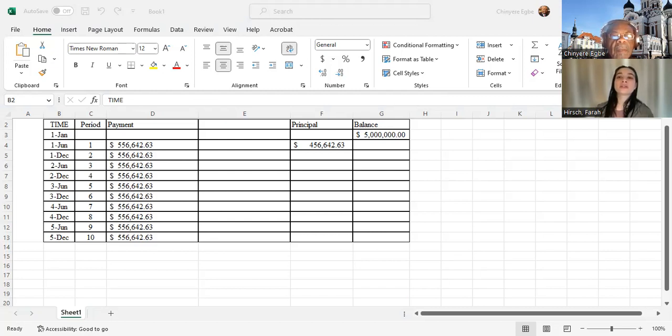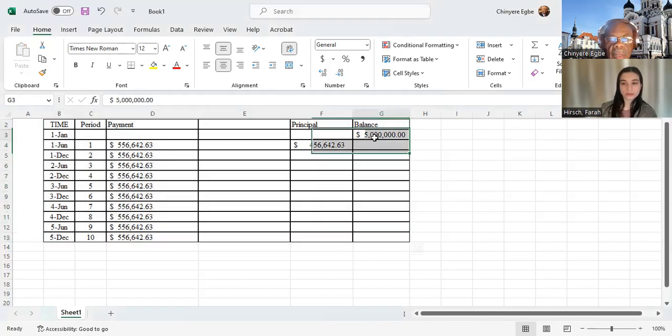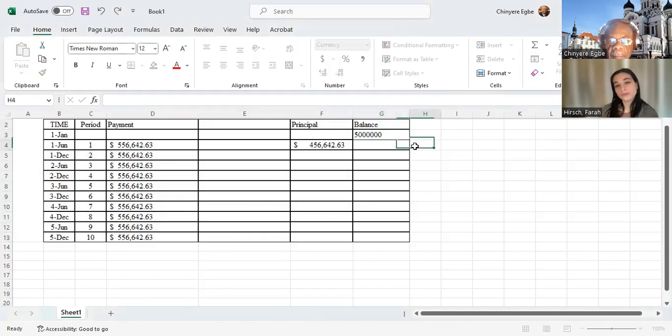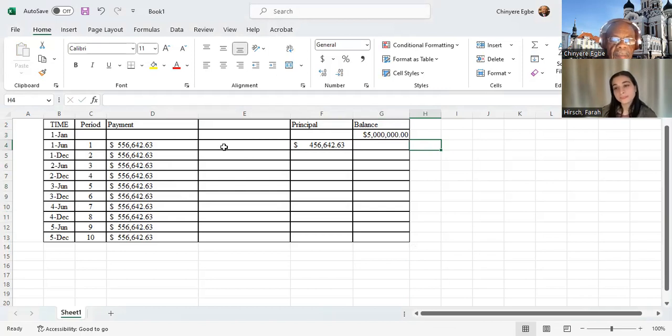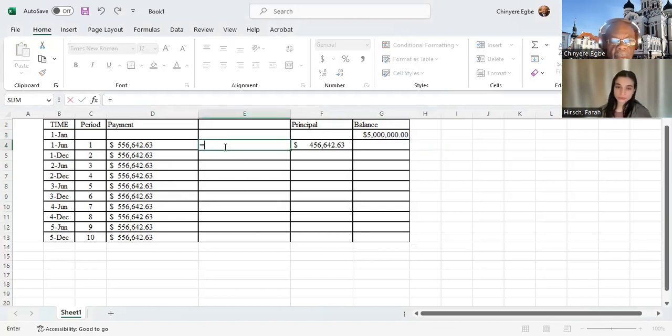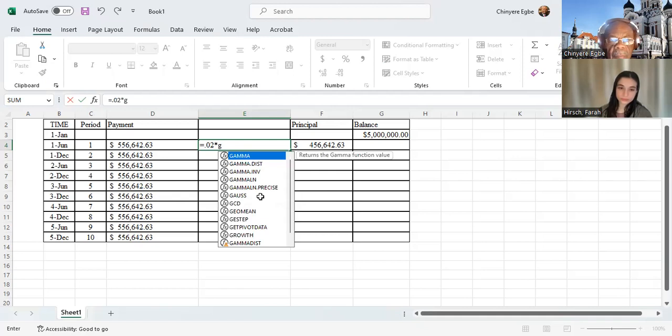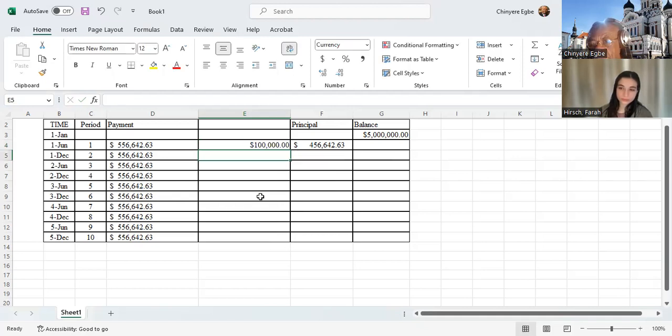All right. So because it's assuming that is not a value, I'm going to rewrite this. Okay, so equals 102 G3. Okay. So now it gives you your interest, right?